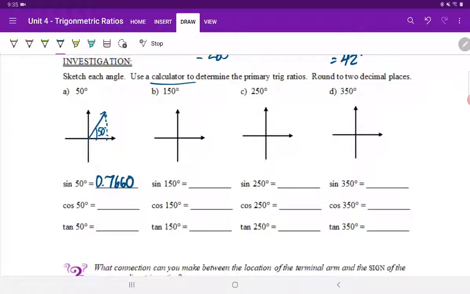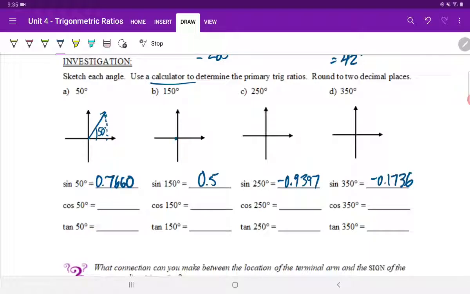Sine of 150, we already did this, it's 0.5. Sine of 250 ends up being negative 0.9397. Sine of 350, negative 0.1736. And again, let's draw it in the specific quadrant.